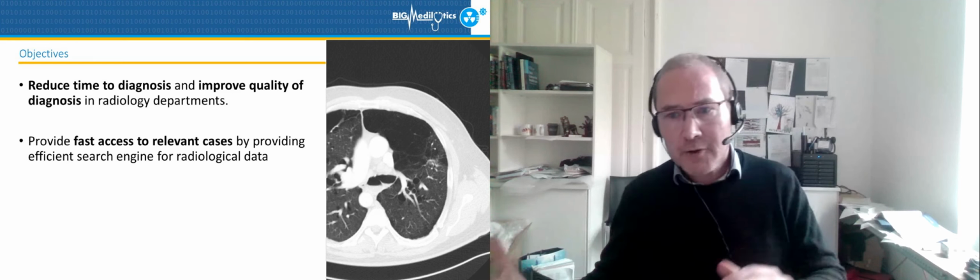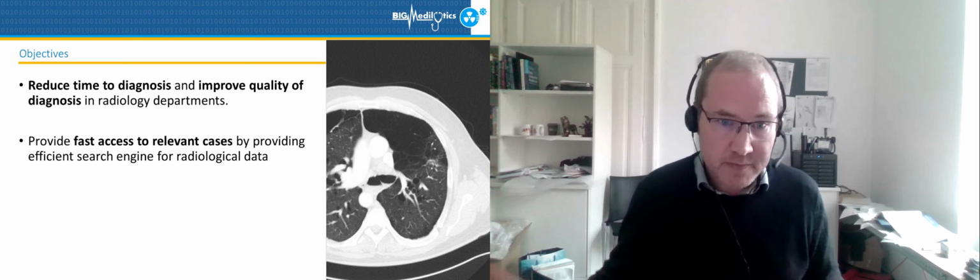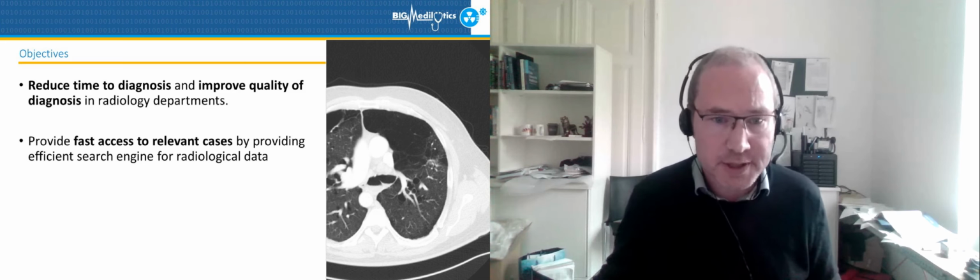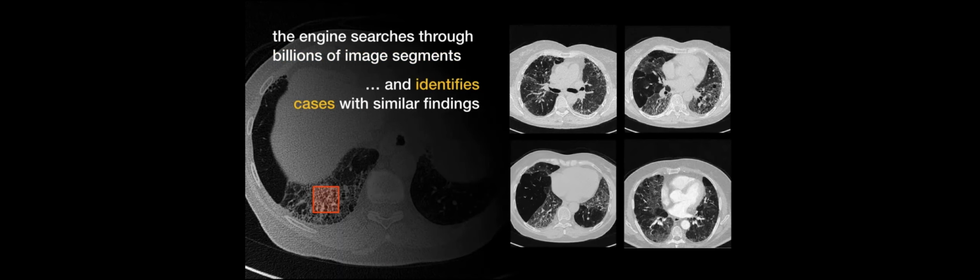So how does this system work? I've got another video here that shows the technical concept behind it. So I'm going to start that. Essentially it's a visual search engine, so the radiologist can mark an area of interest. And we have a reference database of carefully curated cases for which the diagnosis is known. The selected area gets compared with billions of small cutouts of these to find the most similar image.